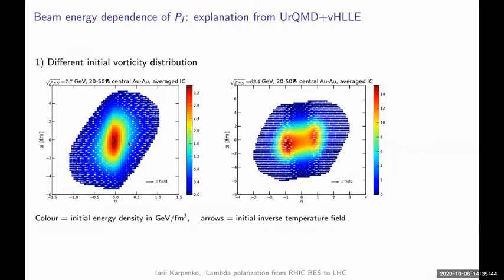Then there is already the so-called shear flow, the shear of these white arrows which you might see on the plot, which already exists at mid rapidity. Whereas at high energies, on the right plot, you can see that at mid rapidity the system looks somewhat close to boost invariant. Because there is approximate boost invariance, it does not leave room for the shear flow, and that's why the initial vorticity at mid rapidity is very small at high energies.